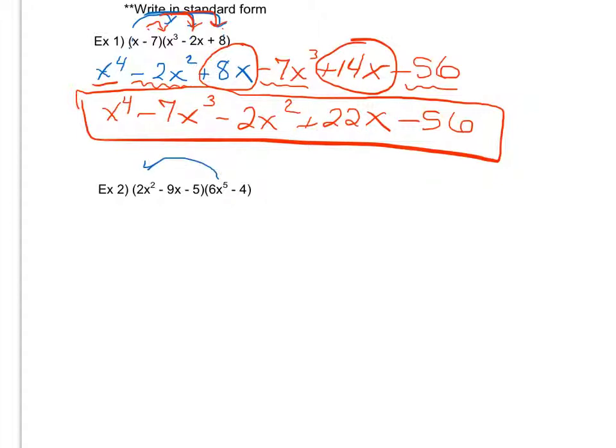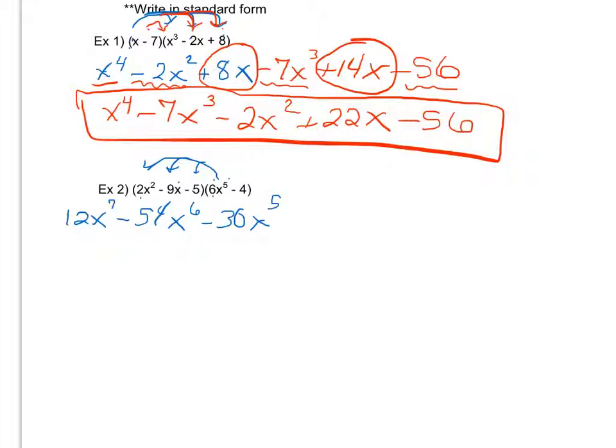I'm going to first start with the 6x to the 5th and distribute it to everything. 6x to the 5th times 2x squared is 12x to the 7th, add the exponents. 6x to the 5th times minus 9x is minus 54x to the 6th, add the exponents, 1 and 5 is 6. 6x to the 5th times minus 5 is minus 30x to the 5th.